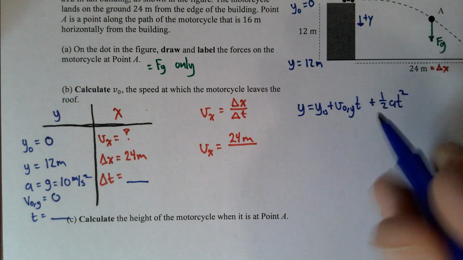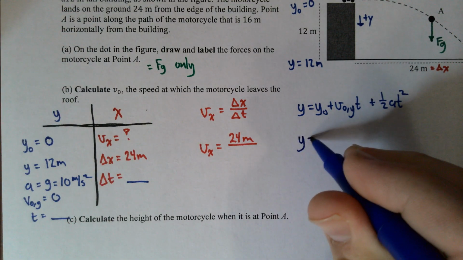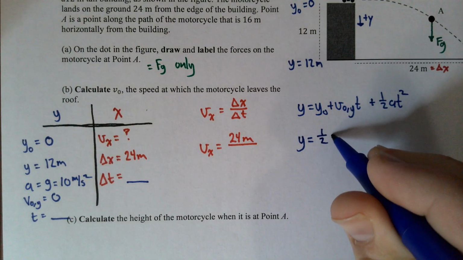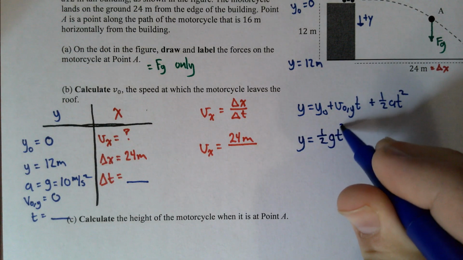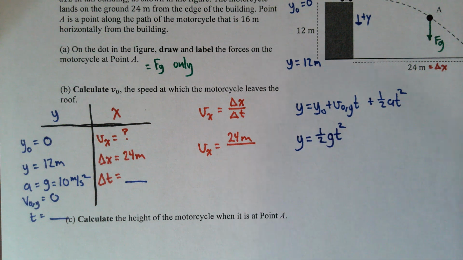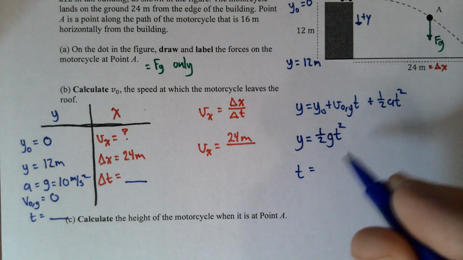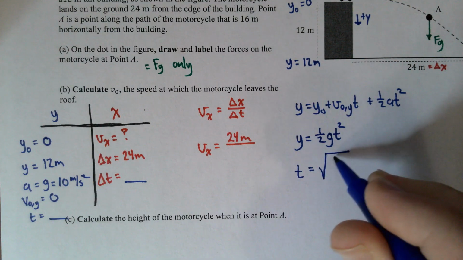This is 0, this term is 0, so I'm going to drop them out. So y equals 1/2. I'm going to replace the a with a g, t squared, and then this is something I can solve for t. So multiply both sides by 2, divide by g, take the square root.